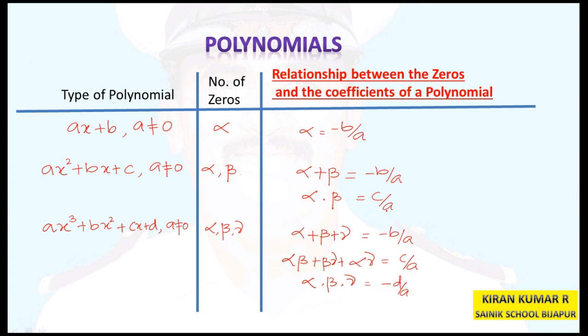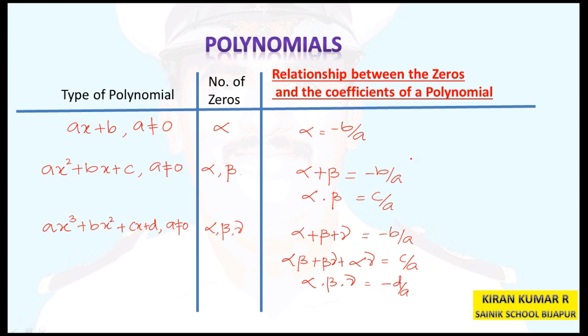Look at all the denominators. They are the coefficient of the first term. When the expression is expressed in decreasing order of their degrees, we always consider the first term's coefficient in the denominator.